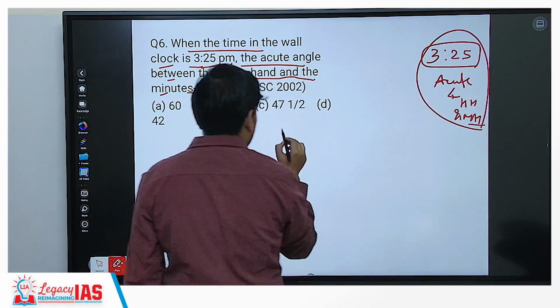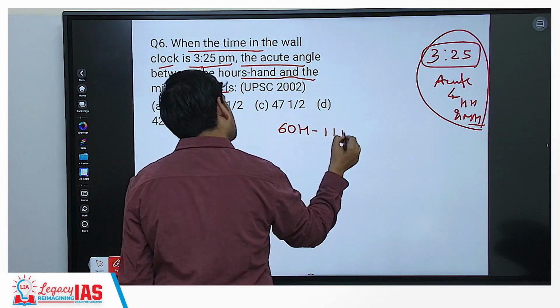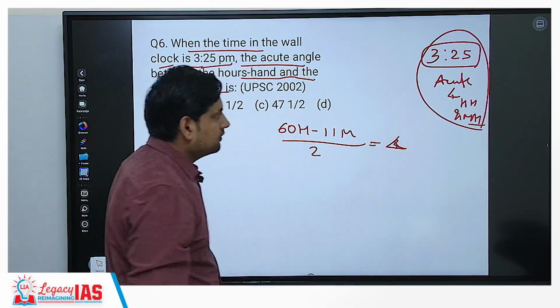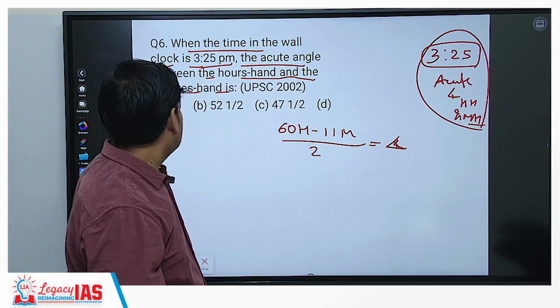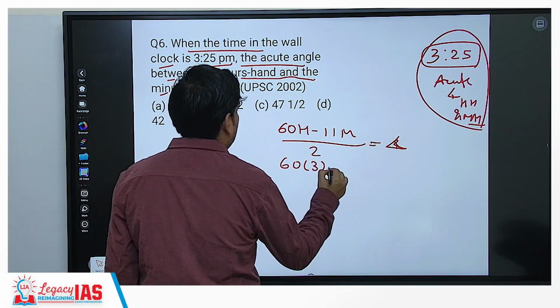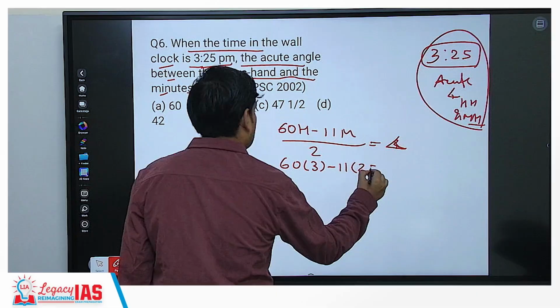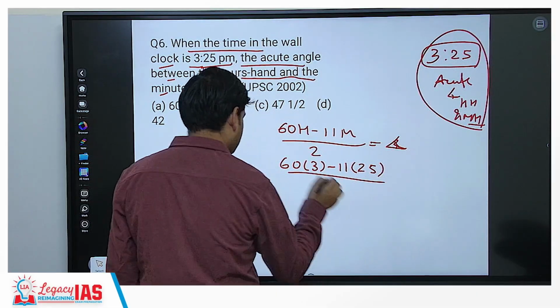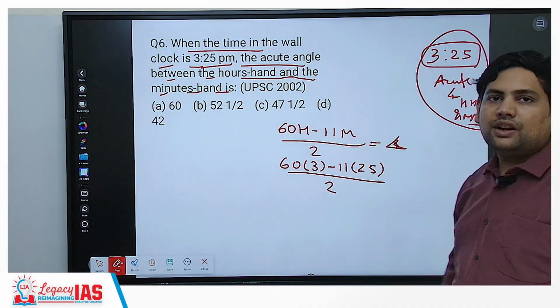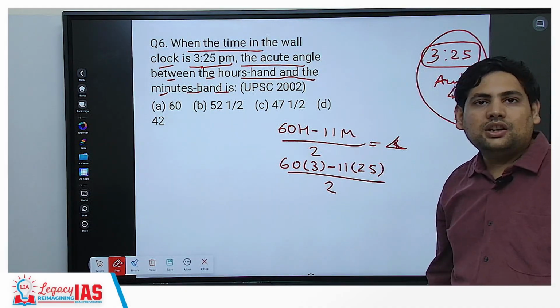Again the same formula, 60h minus 11m by 2 is equal to the angle. Now 3:25 means 60 into 3 minus 11 into 25 by 2.